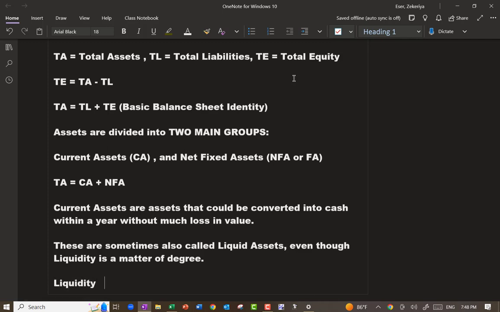So what is the mother of all liquid assets, do you think? Cash. By definition, it's already cash. So cash and cash-like assets are most liquid.